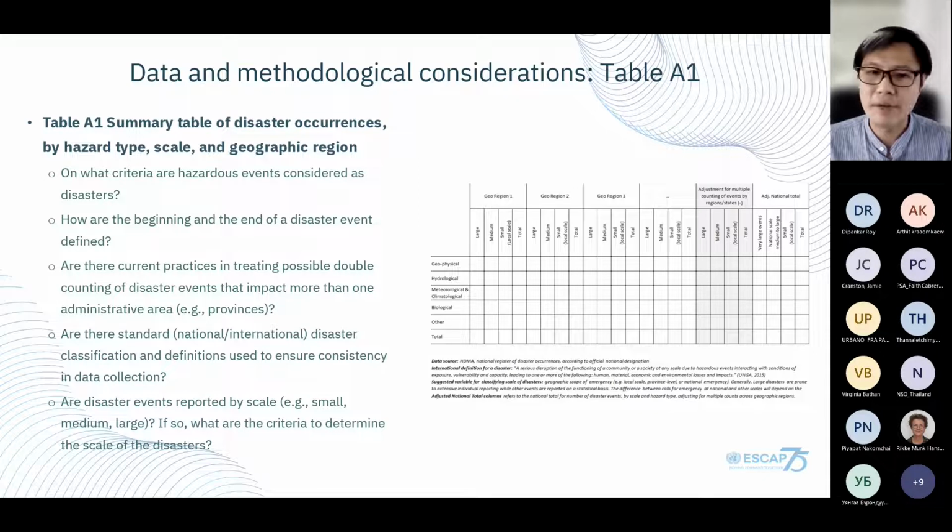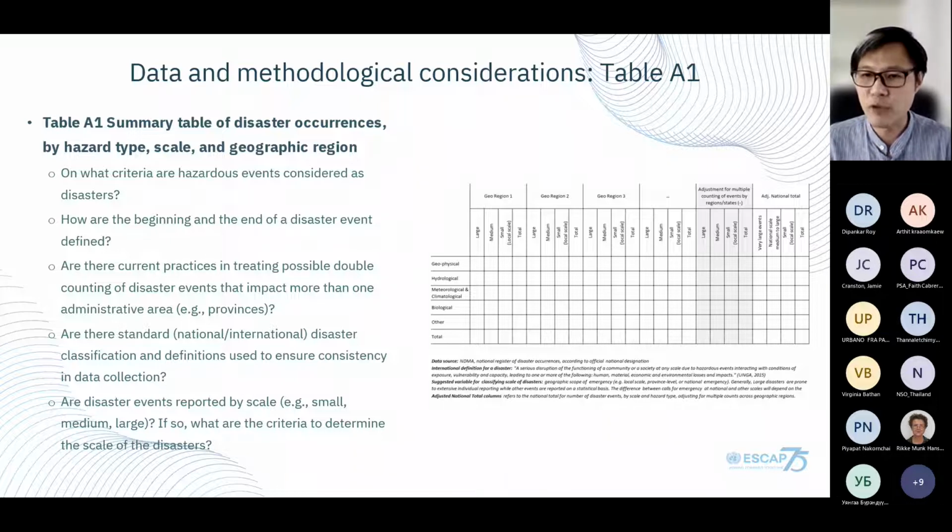When we aggregate up to the national level, if it's a simple summation, then we are going to have two events recorded in the national database. So this column really wants to make sure that we don't double count or triple count, depending on how many areas are impacted in that particular event. For example, if a disaster impacts three provinces in different regions, they might record one event in region 1, region 2, and region 3.